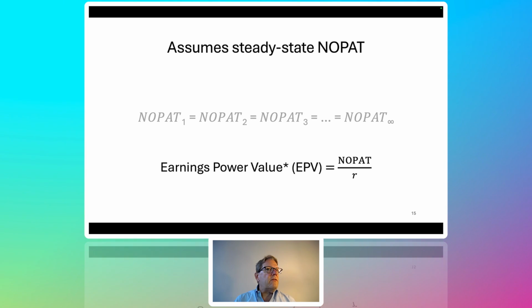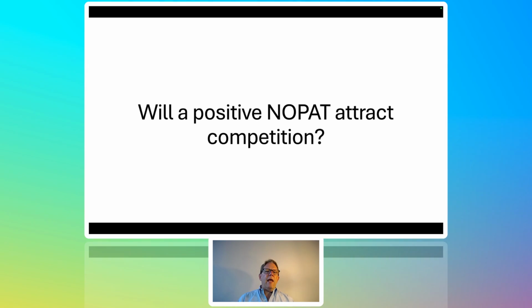And I get this nice little formula, earnings power value. But the question I ask is, will a positive NOPAT attract competition? Because I'm making the assumption, and we need to make the assumption in our valuation, the model we're using, that NOPAT's going to be steady for each year for, call it 10 years. It doesn't have to be perfectly steady, but it's going to be in a fairly tight range. I'm comfortable with that estimate.